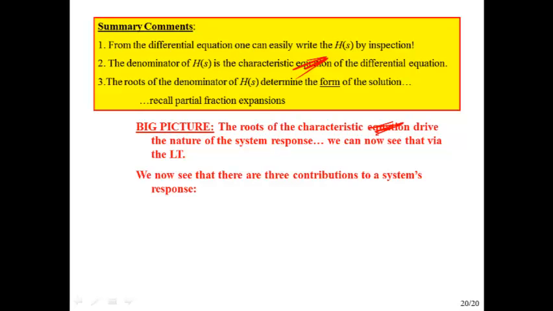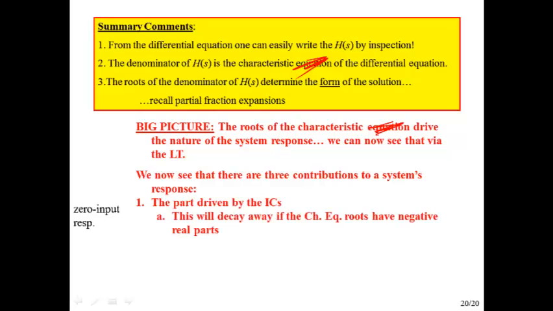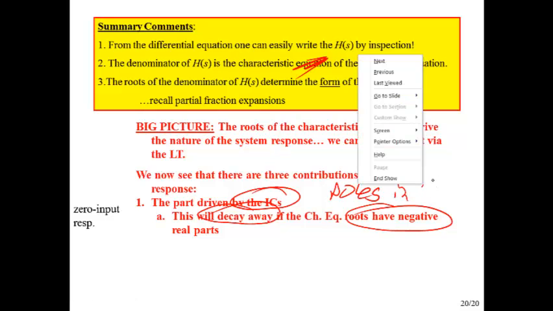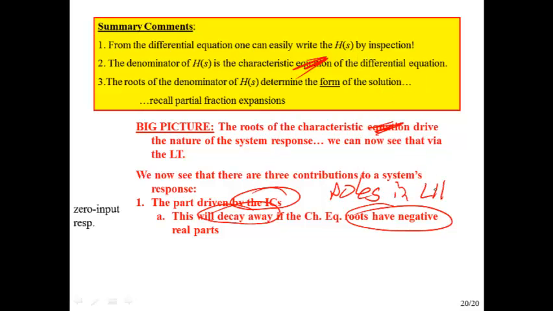And there are three parts that contribute to this system's response. The part driven by the initial conditions will decay away if we have roots that have negative real parts, in other words, poles in the left half plane, so a stable system.